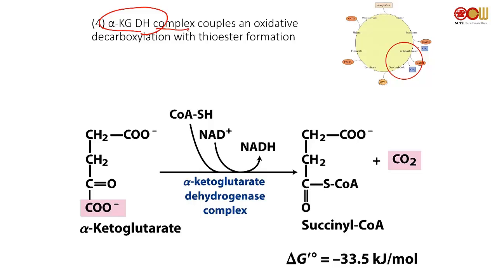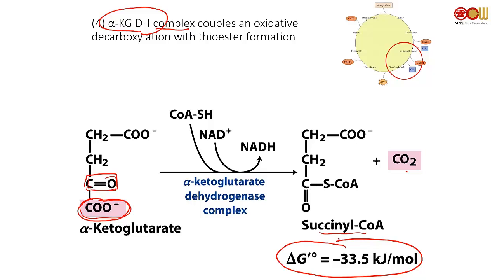Again, it's a complex, and you will notice that it uses pretty much the same cofactors as pyruvate dehydrogenase, where you will get rid of the carboxylate next to the keto group. Okay, so this is the alpha carbonyl. This is the alpha carbon. So you're doing an alpha decarboxylation, which then generates succinyl-CoA plus CO2. What you should also notice is the energy is also pretty large.